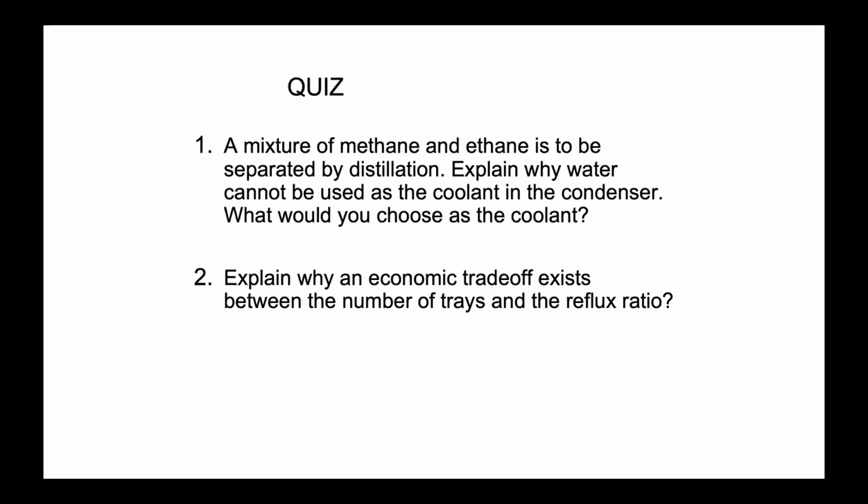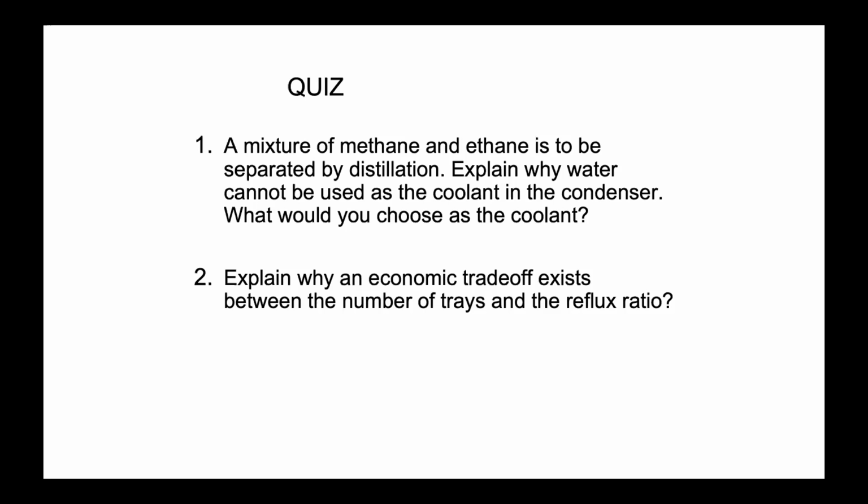The second one: why does an economic trade-off exist between the number of trays and the reflux ratio? I think you should be able to answer this, because if you increase the number of trays, then you can lower the reflux ratio, which lowers the operating cost, but you increase the capital cost.